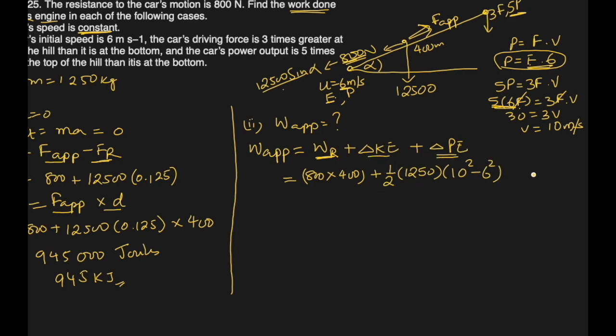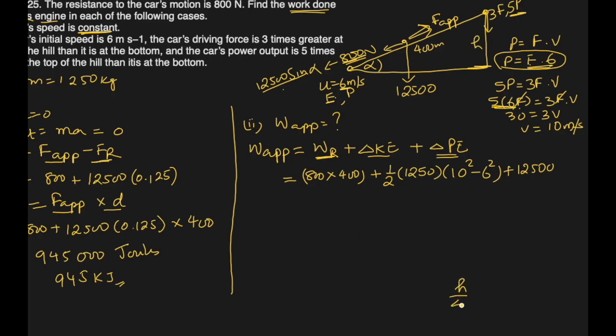Now delta PE, which is change in potential energy, which is M 1250 G. We'll add one more 0. And height. How much height has it gained from here to here? So let's call it H, and I will find it here.